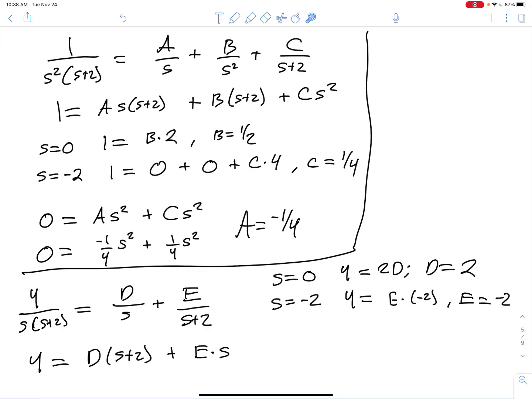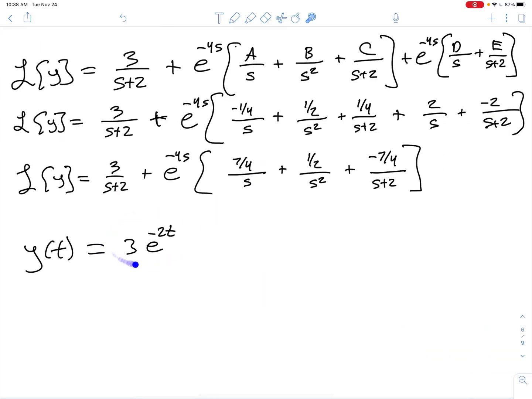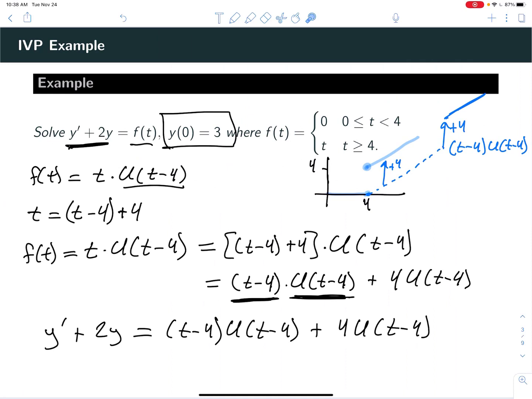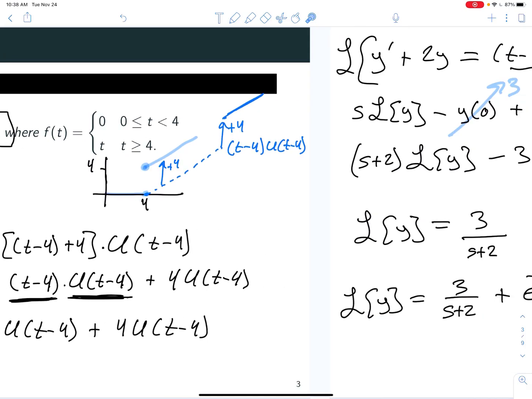So this right here is really just the solution to the homogeneous problem with 0 forcing term with initial condition 3. That actually makes perfect sense. Everything else is what happens when you turn on right-hand side forcing at t equals 4, right? So all of this is the response to that forcing term.